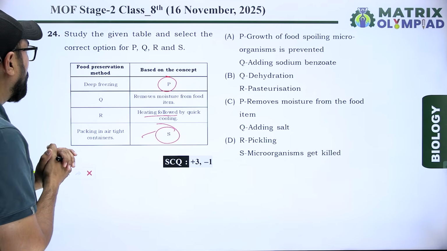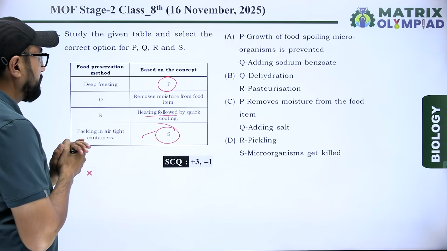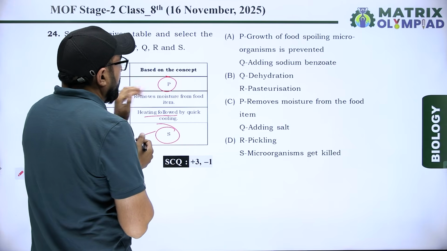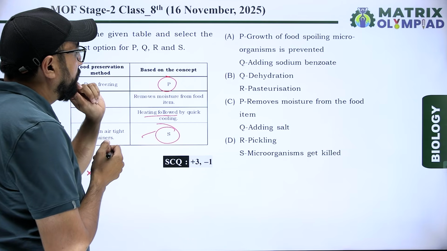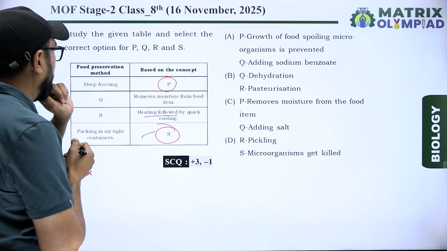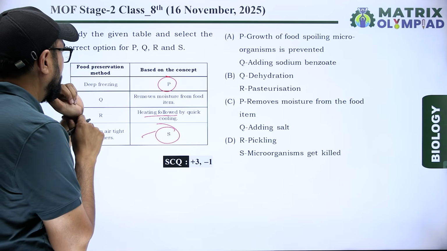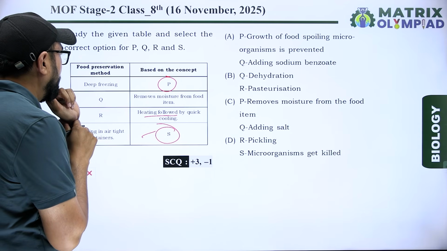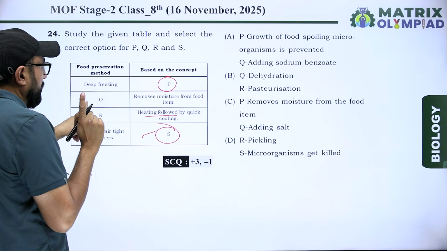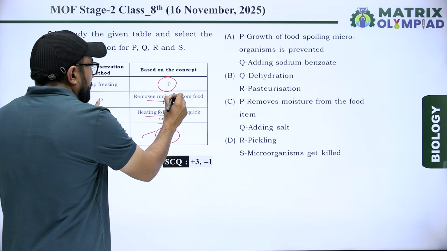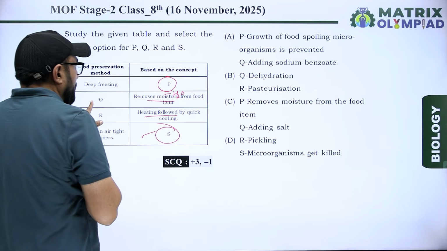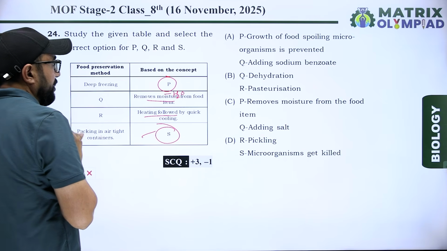But in options A, B, C, D, P: growth of food spoiling microbes is prevented. Right. Q: adding sodium benzoate, no. Because removing moisture, H2O minus, is called dehydration.